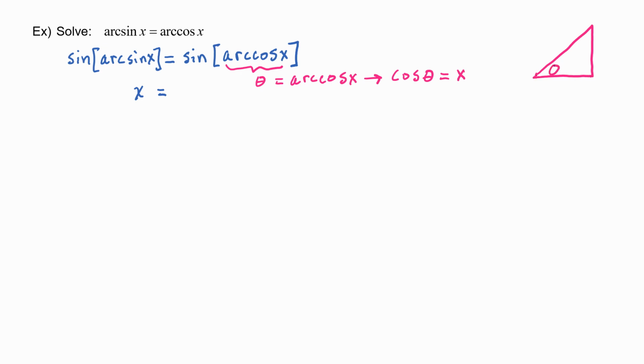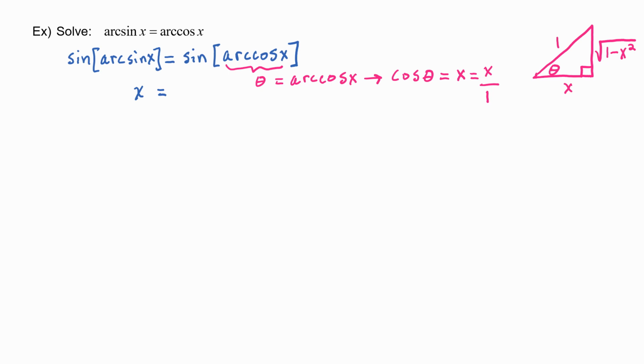If this is theta, we know that the cosine is the adjacent leg over the hypotenuse, so that's going to be x over 1, which then means the opposite leg is going to be the square root of 1 minus x squared.